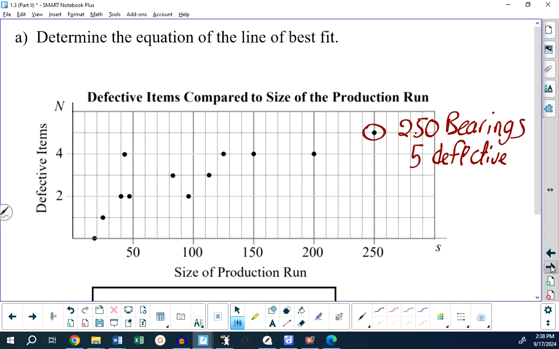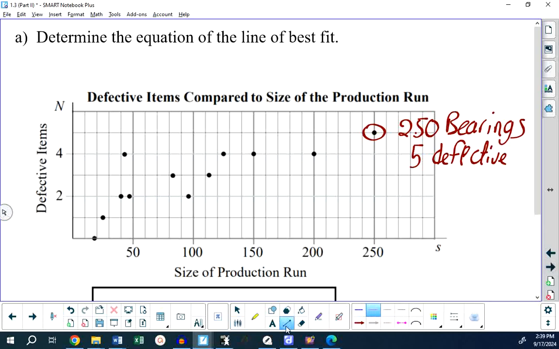So somebody has kept track of this. Like on this particular day, I don't know what that is, maybe that's about 42 bearings, they had 4 defective. On this particular day, they produced 19 bearings and none were defective. It's not a perfect fit. But what we want to do here is determine the equation of the line of best fit. So we have to draw a line of best fit.